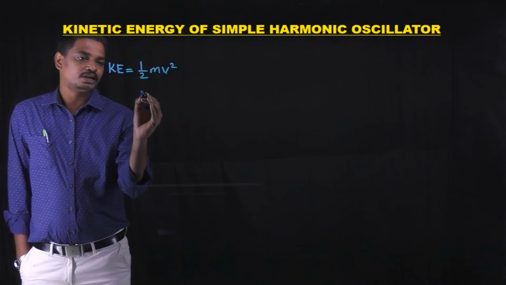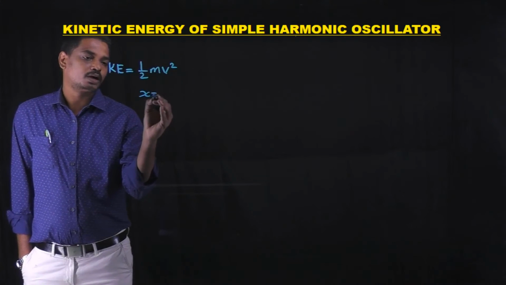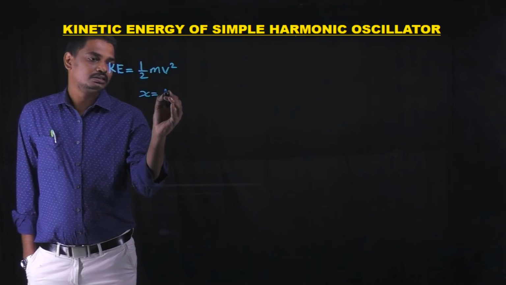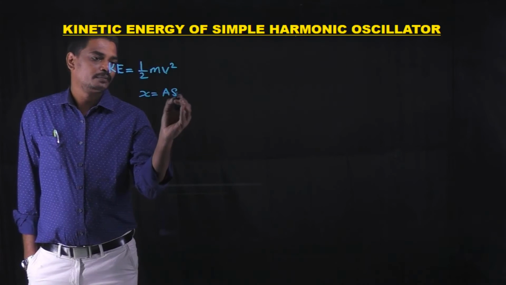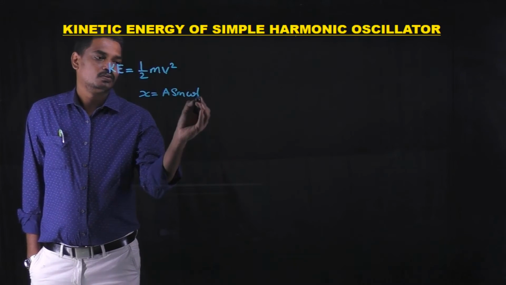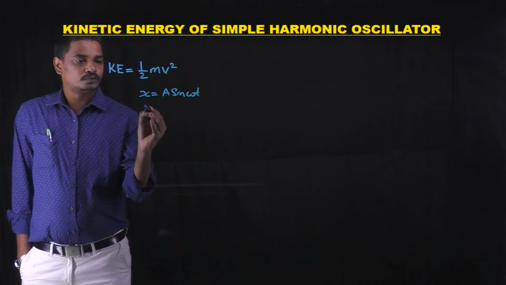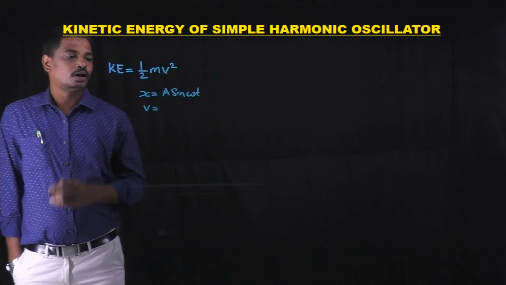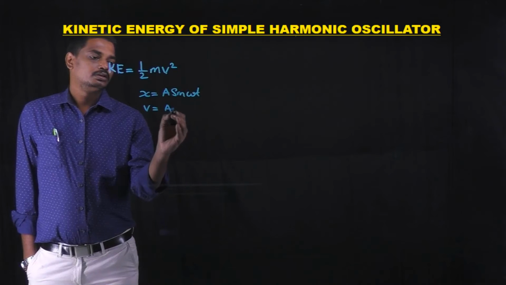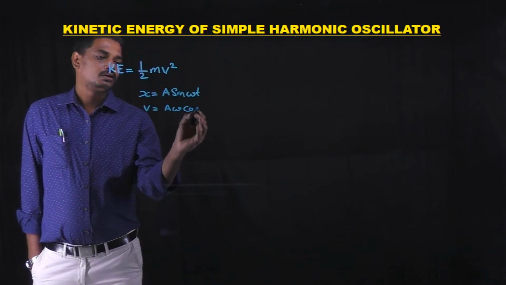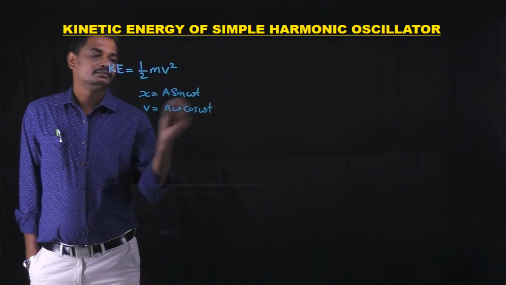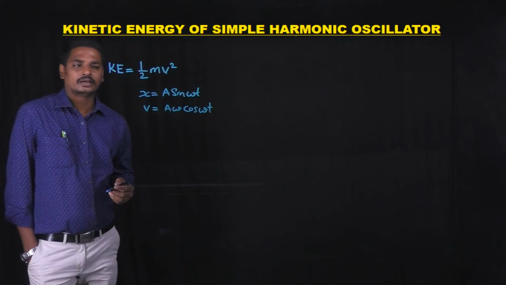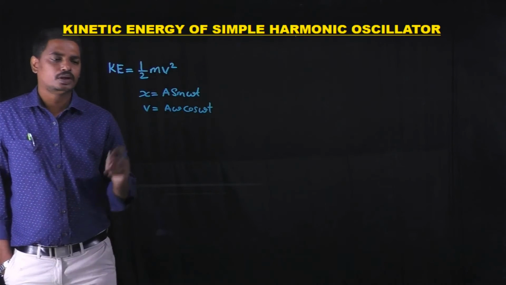If the displacement of the particle is x, which is given as A sin omega t, then the velocity of the particle is A omega cos omega t.